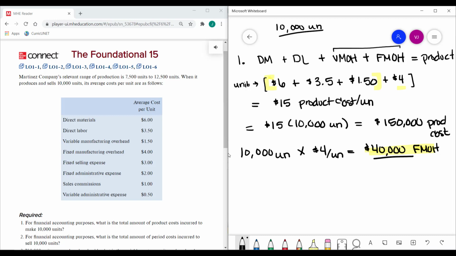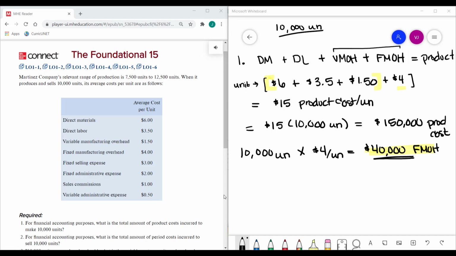That is, unless something fundamentally changes with the cost structure, like we talked about with the rent, or if there are salaries being taken away or added in. But this $40,000, since it's a fixed cost, will stay the same in total.